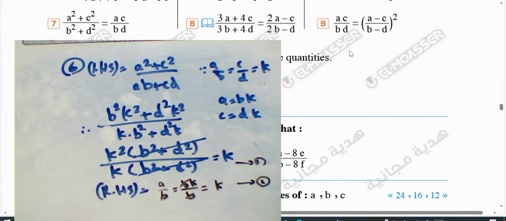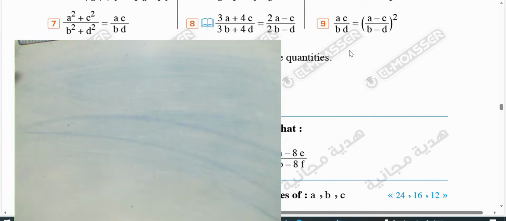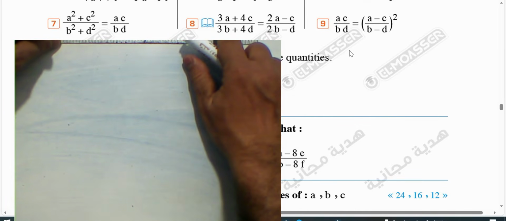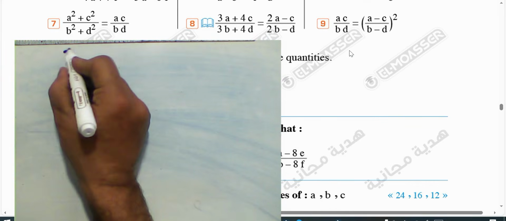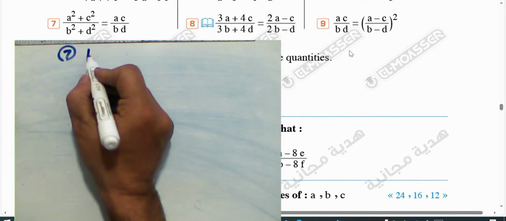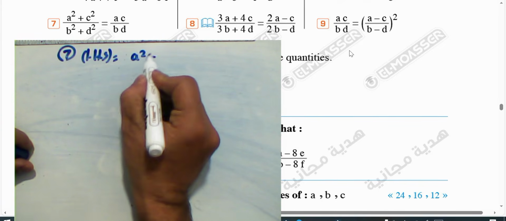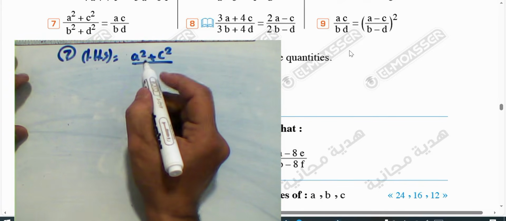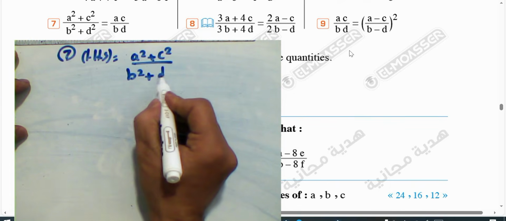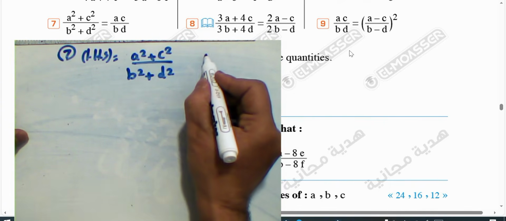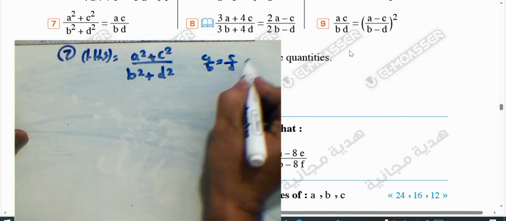Next question, number 7. Left hand side was equal a power 2 plus c power 2 over b power 2 plus d power 2. We have a over b equal c over d equal constant.